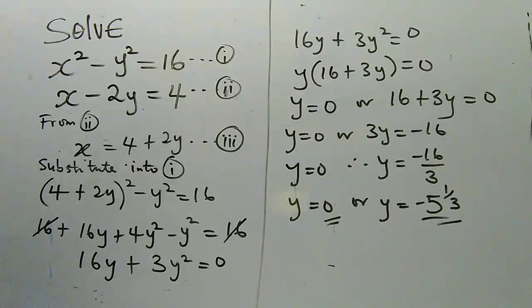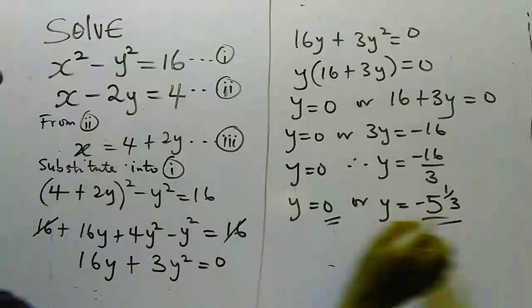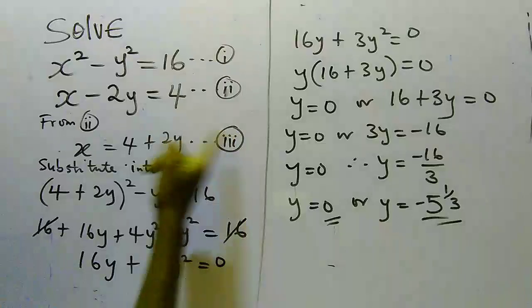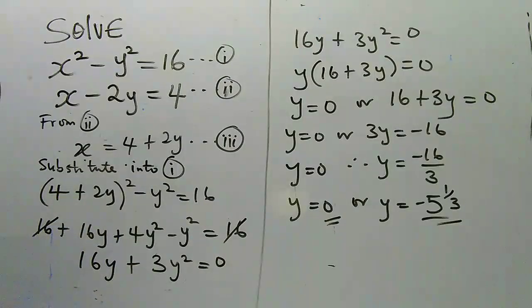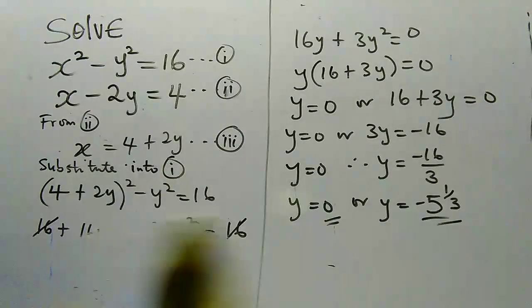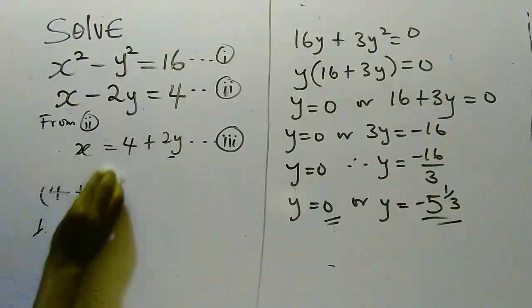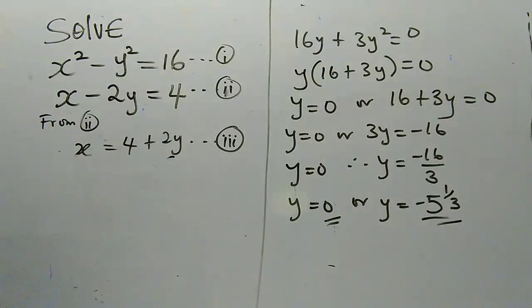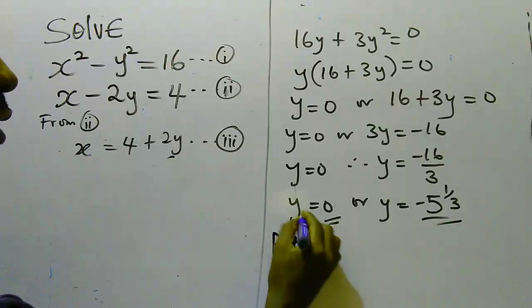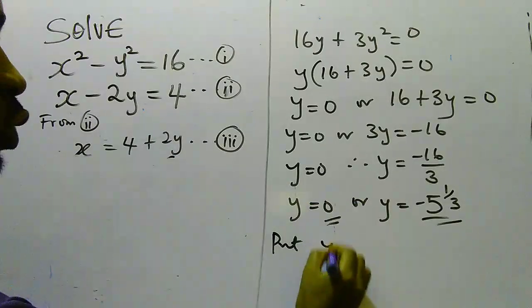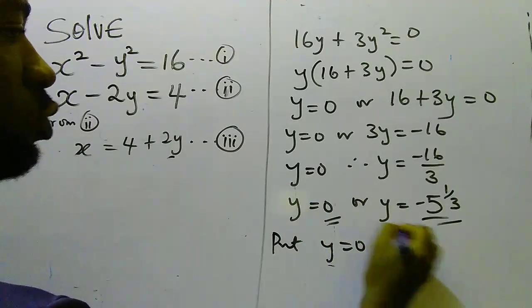The next thing I'm going to do is substitute these two values of y into equation 3. Remember, in the substitution method, equation 3 is very easy for us to use. So let's take the first y, put y equal to 0 into equation 3.